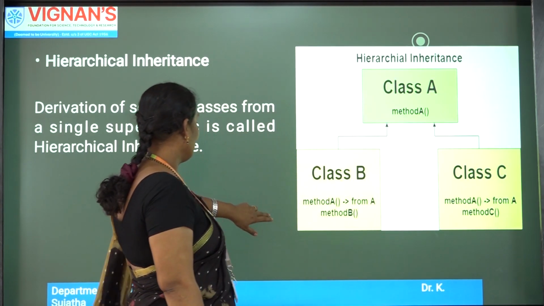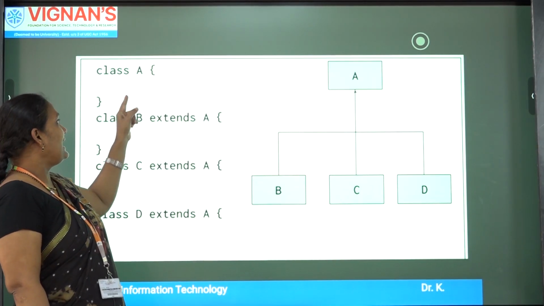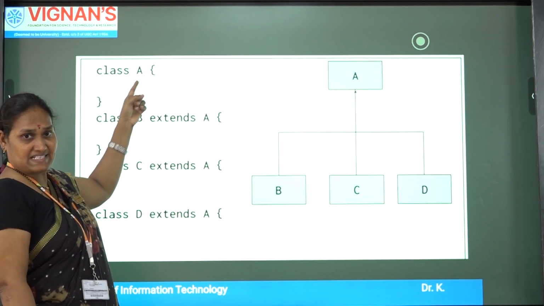Now you can clearly understand if we see an example. See here a basic example. I have taken class A which is a superclass.